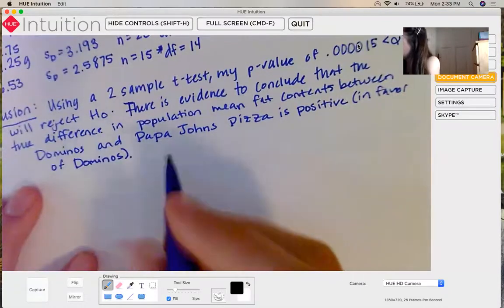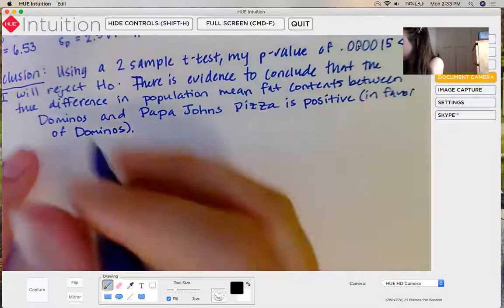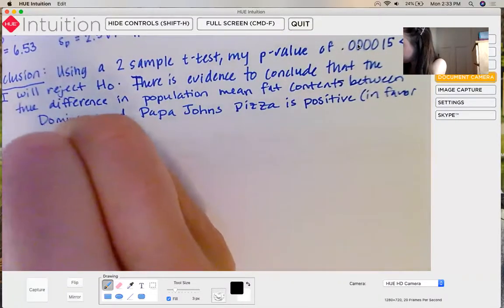So now let's actually translate this into what we're talking about, okay? So there is evidence.